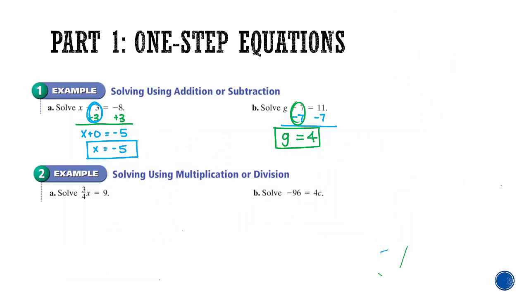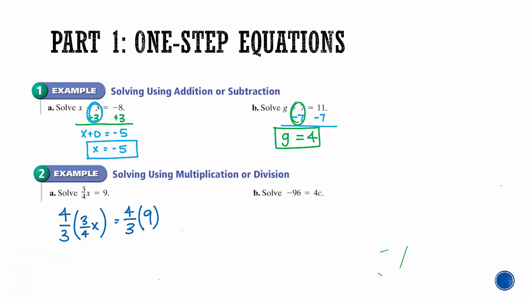So we can find the reciprocal of this, 3/4. Flip it over, we get 4/3. And if I multiply 4/3 times this 3/4 x, all that I'm going to be left with is x. And remember, whatever you do to one side, you have to do to the other, because that is our multiplication property of equality.